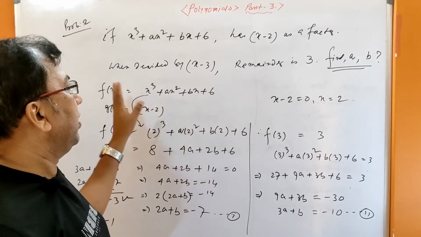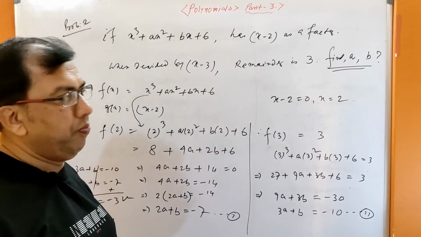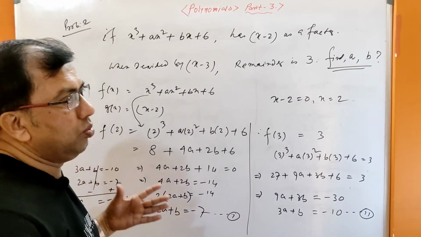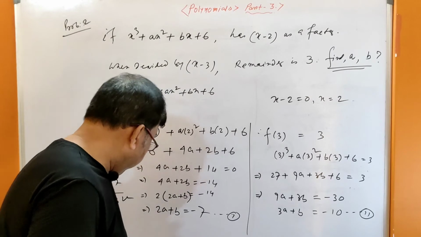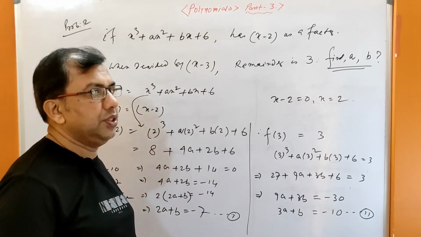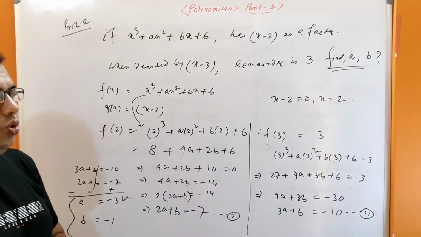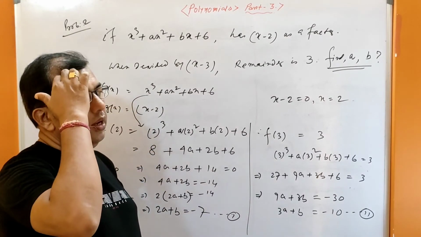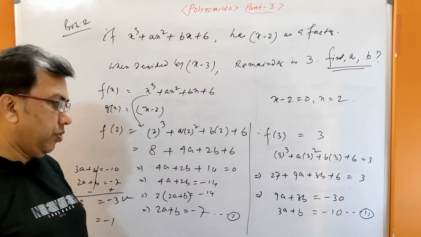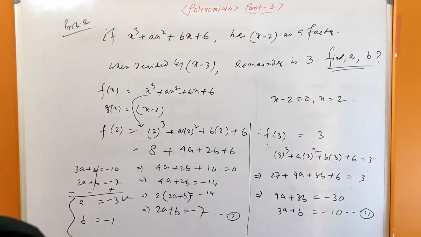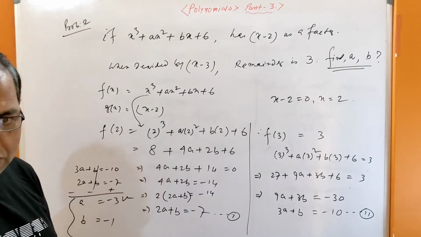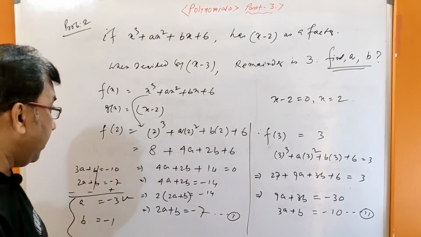And whatever I have done in part 1, part 2 and part 3, and also the factor theorem, there are so many formulas regarding the factor theorem. So it will be clear, all the polynomials will be clear. For the factor theorem, you have to learn the algebraic identities.